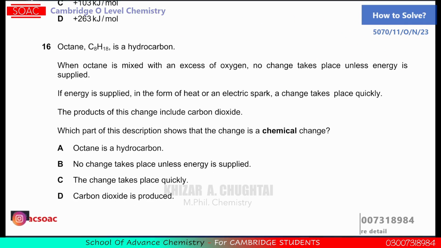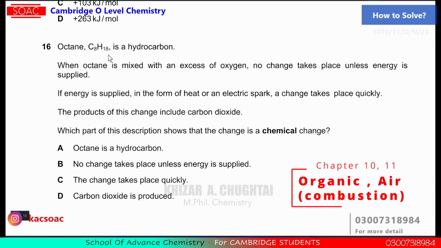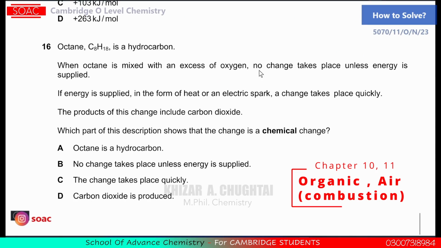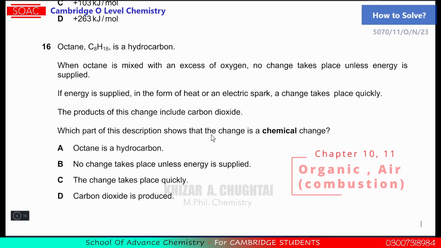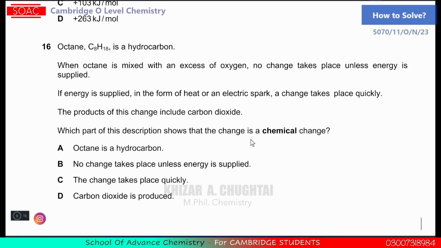Question number 16. Octane, C8H18, is a hydrocarbon. When octane is mixed with excess oxygen, no change takes place unless energy is supplied. If energy is supplied in the form of heat or an electric spark, a change takes place quickly. The product of this change includes carbon dioxide. Which part of this description shows that the change is chemical?